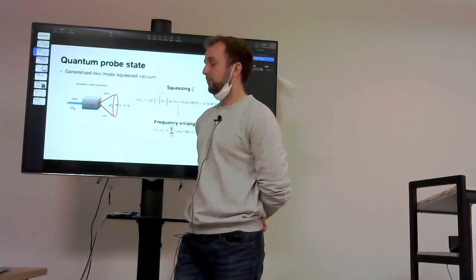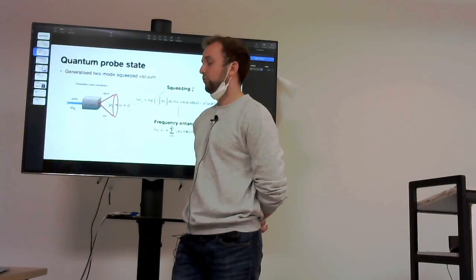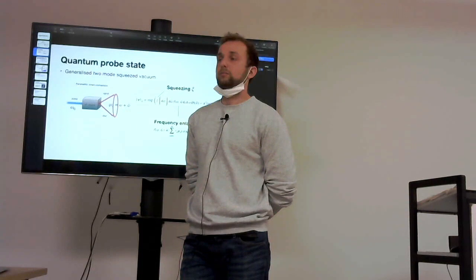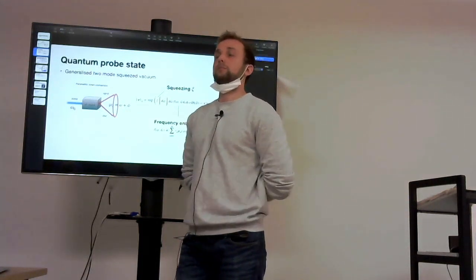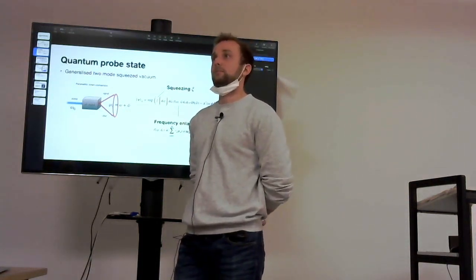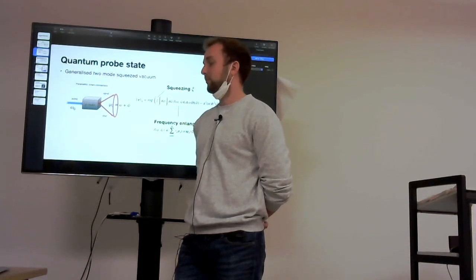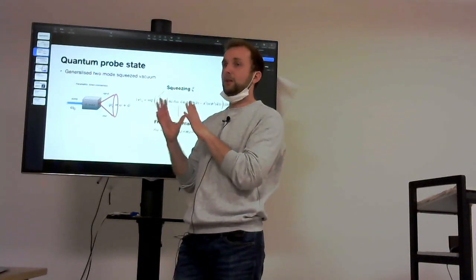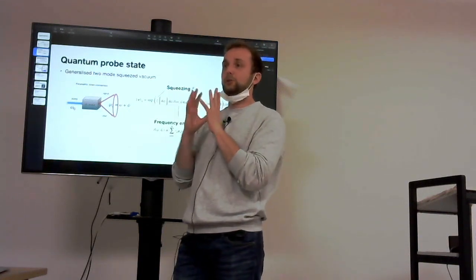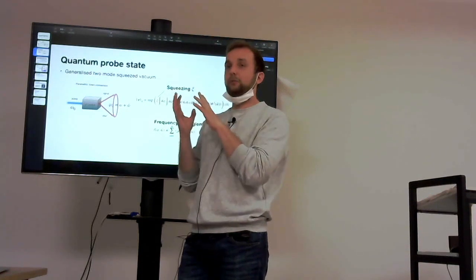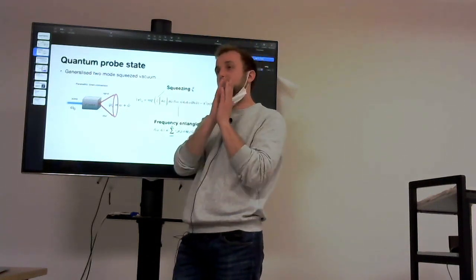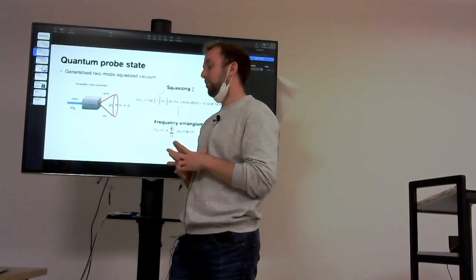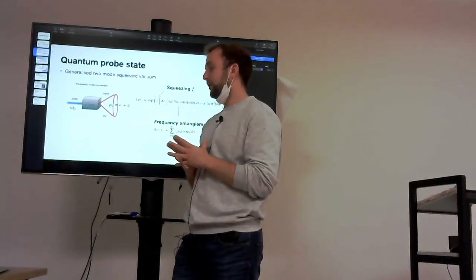But this happens always with parameter estimation, so it's not problematic. You can obtain some information about the prior value by a classical method, and then what you are trying to do is to improve this value using the quantum protocol. I mean, we want to measure this frequency shift due to the Doppler effect, so in order to estimate the shift, we need to know the frequency before the reflection. But this shouldn't be a problem.